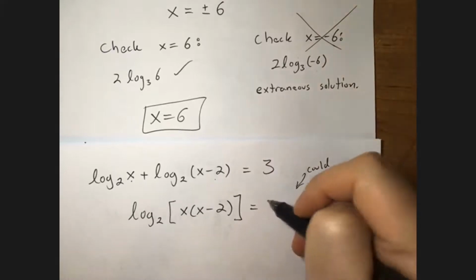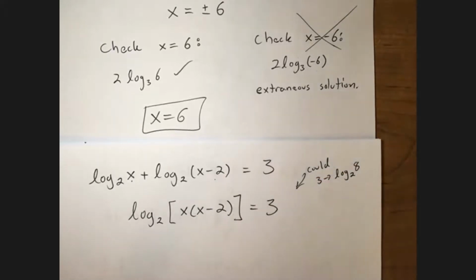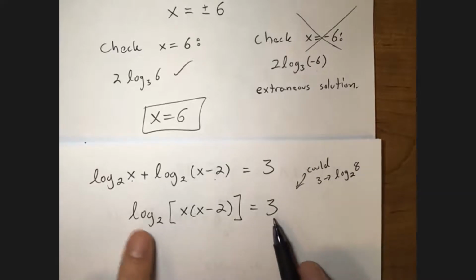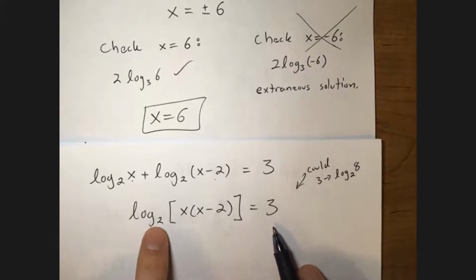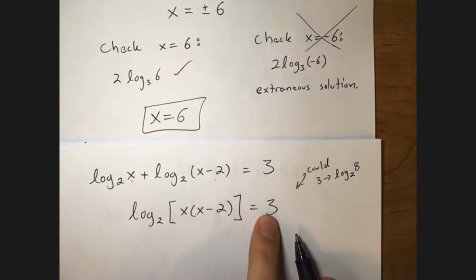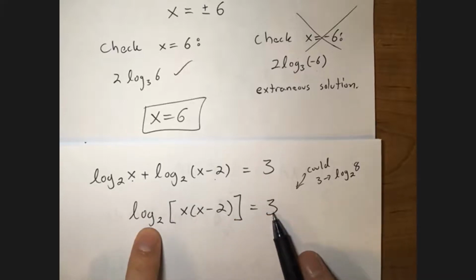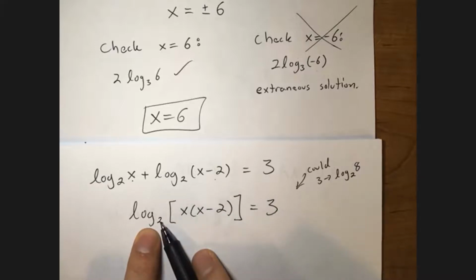But I'm just going to leave it at 3 because I'm going to think about this a slightly different way. When I see this equation, I should know that if the log base 2 of something equals 3, that 3 is the exponent on 2 that gives that thing. That's how logs work.